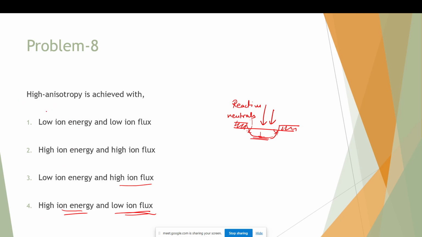Can someone help me with this? I am confused. Low flux, is it? Yeah, that is actually the correct answer, but what is the reason behind it? Probably if there are multiple ions, they might collide with each other and then collide to the side walls.